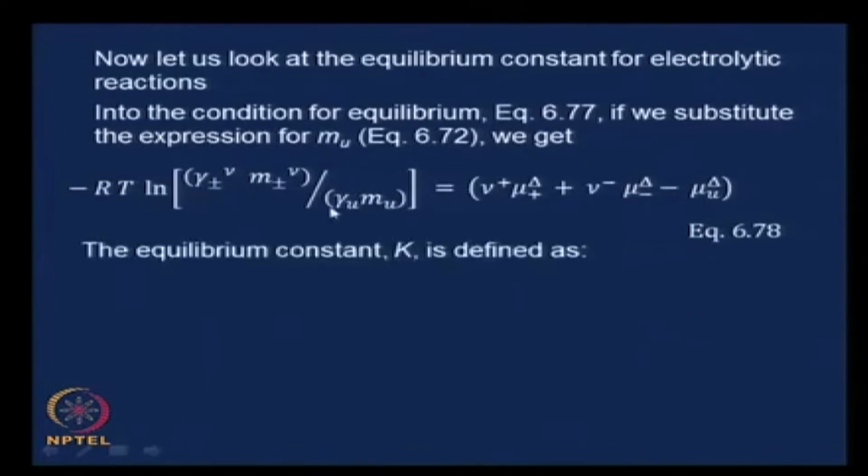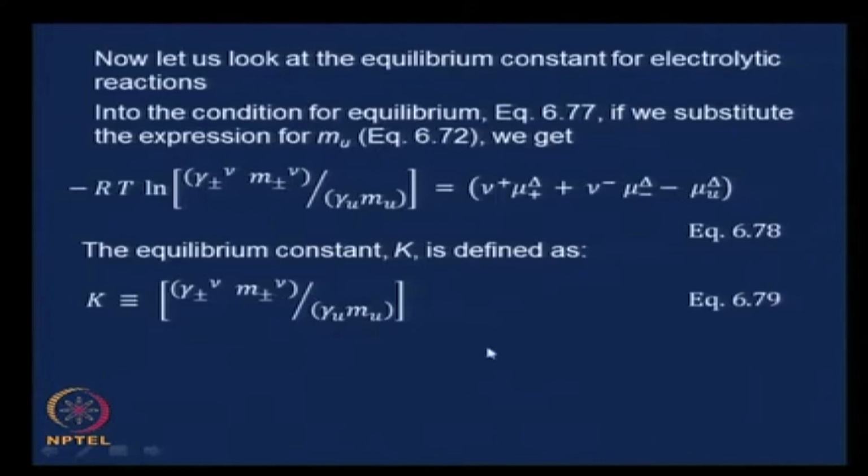and now it must be clear to you, following the same strategy as for non-ionic reactions, what the equilibrium constant is going to be defined as. We are trying to get a minus RT ln k term here, therefore k is defined as this one inside the brackets, gamma plus minus raised to the power nu m plus minus raised to the power nu divided by gamma u m u.